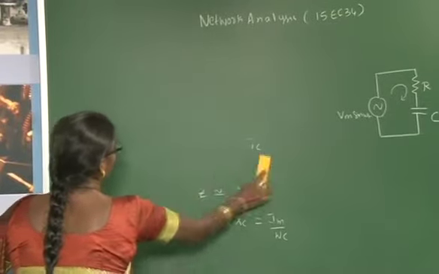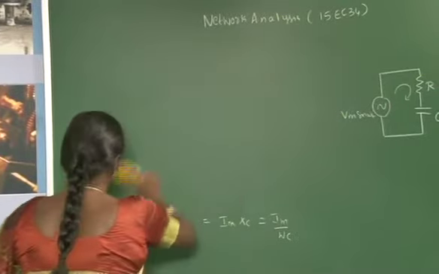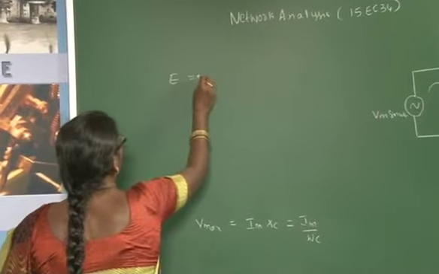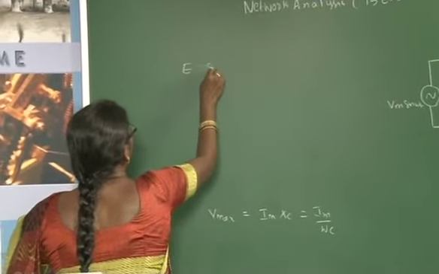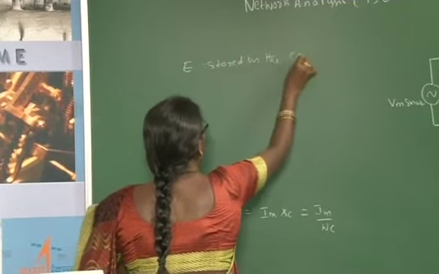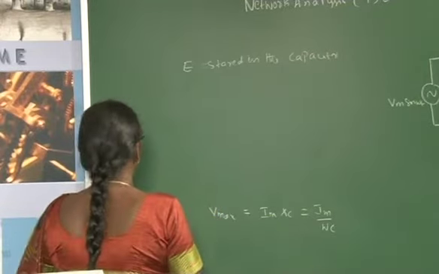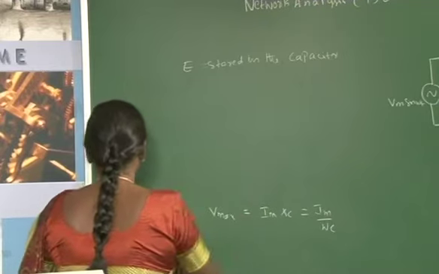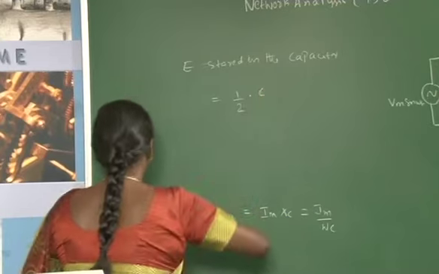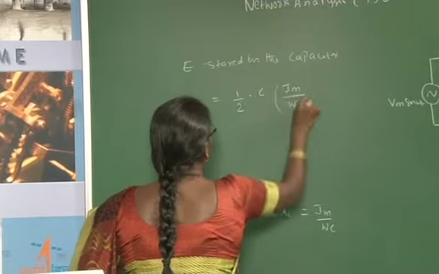Now come back to find the energy stored in the capacitor. You can write it as half into C into Vmax square, which is nothing but Im by omega C whole square.